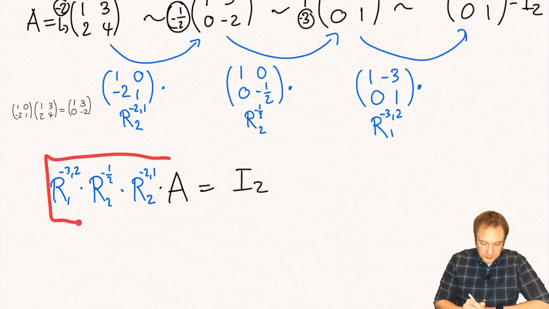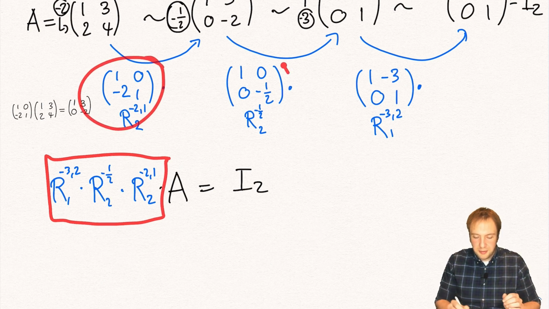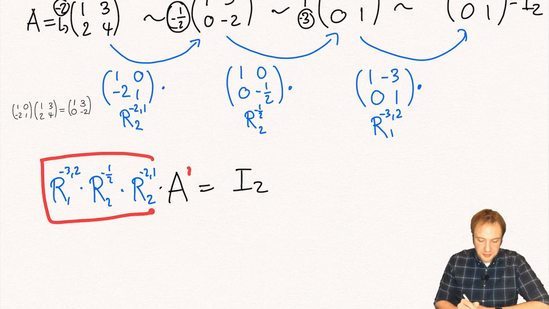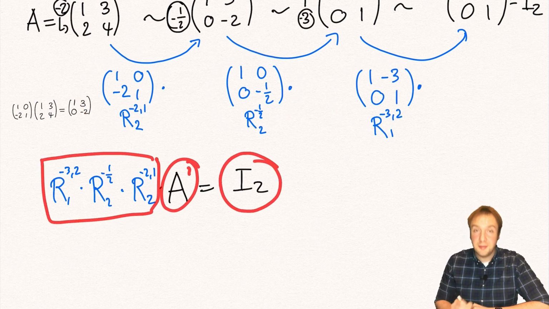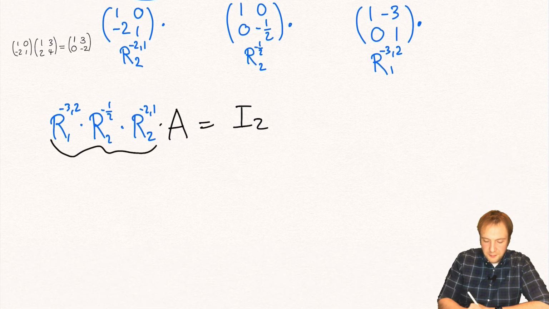So this product of matrices is again a matrix, so I could multiply these 3 matrices together. And the property is that if I multiply this with A, I get the identity matrix. So therefore this product here is exactly the inverse of A.